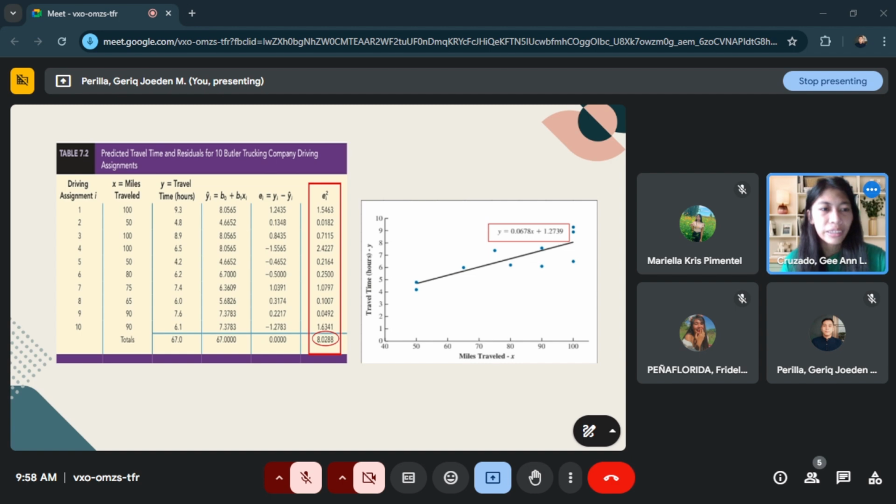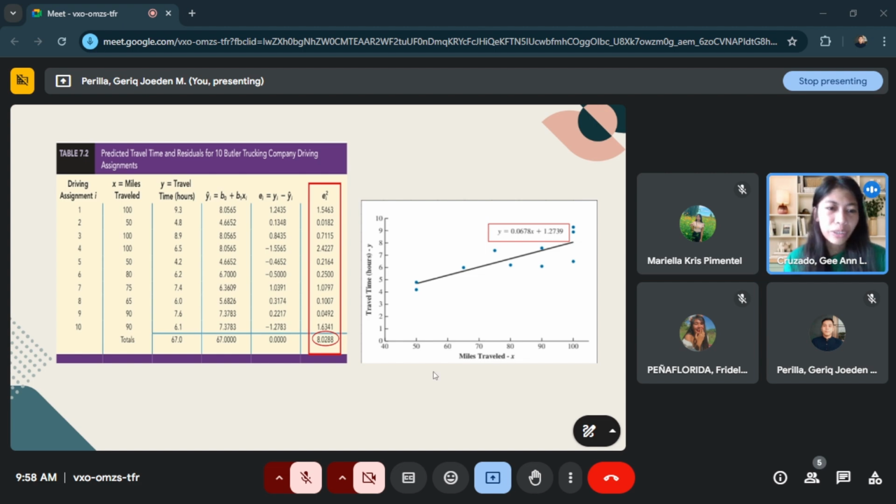So, next is, yung table 7.2 po ay nagpapakita ng mga calculated values required to compute the sum of squares due to error or SSE for the Butler Trucking Company. The squared residual or the error for each observation in the data is shown in the last column in this table, yung nakabox na 8.0288. And after computing and squaring the residual for each driving assignment in the example, yung sum na na-observe natin, yung SSE nga, ay 8.0288.